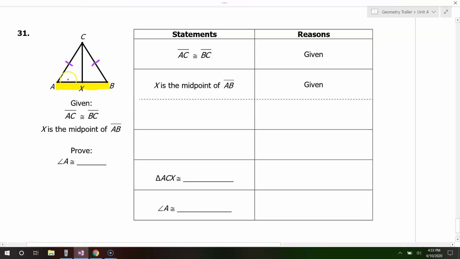So that means that this side must be congruent to this side. So look what we just marked. That's what the next statement is going to be. So segment AX is congruent to segment XB. And that's just going to be the definition of midpoint.